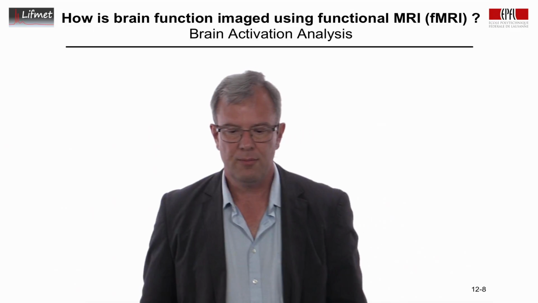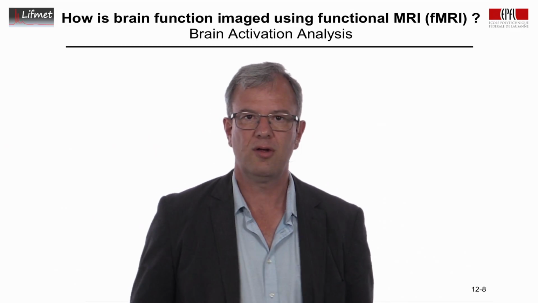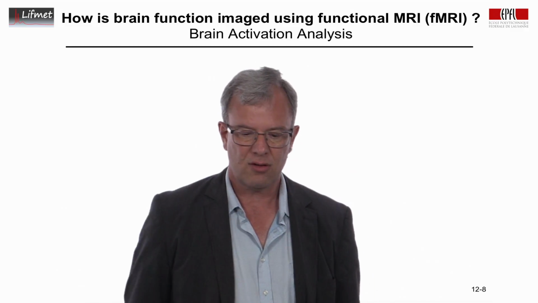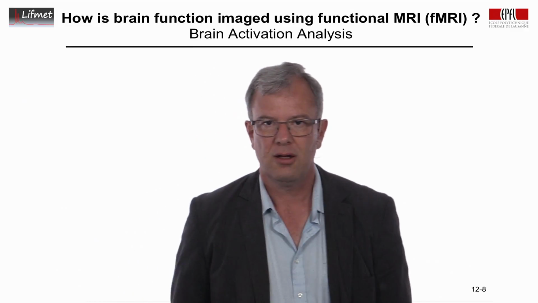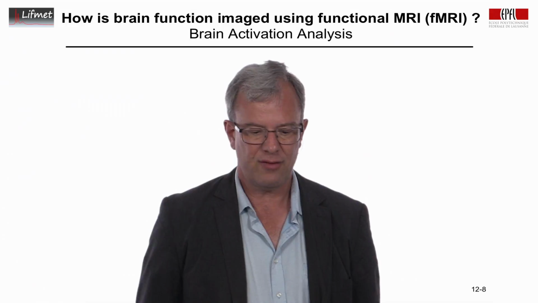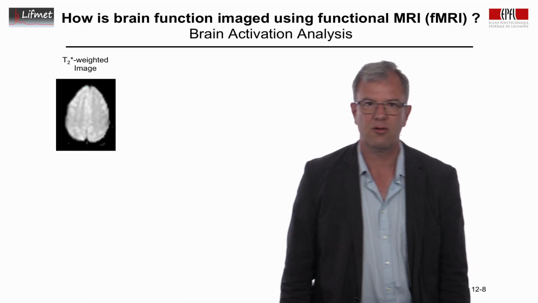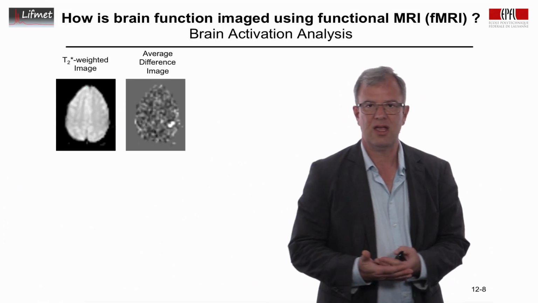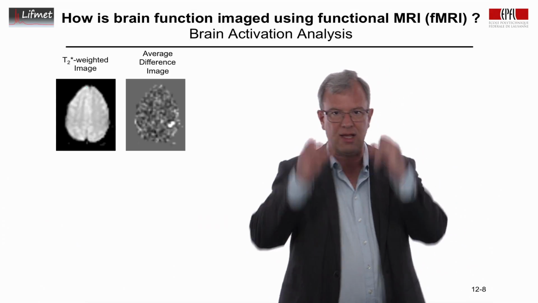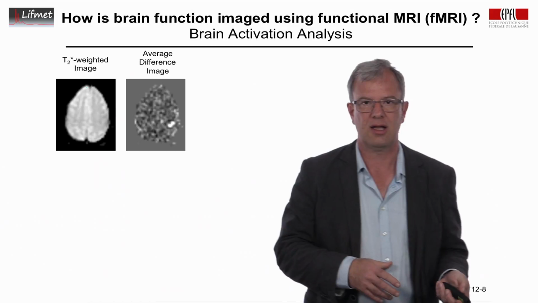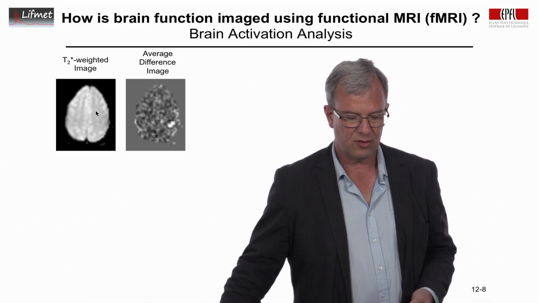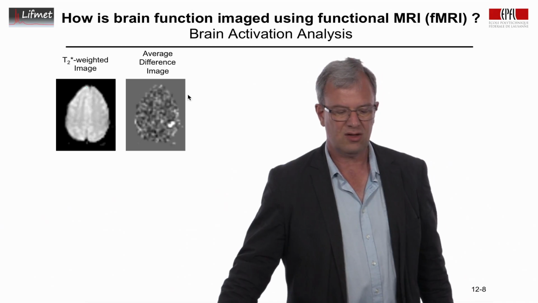Okay, so we have now the BOLD response. We see a signal in T2 star weighted images, and the question is now, how is this used to image brain function? Here's a T2 star weighted image of the human brain, and if one takes a task condition like looking at a light versus not looking at a light, takes the T2 star weighted images and takes the difference between these two time periods, then one gets an image like this.